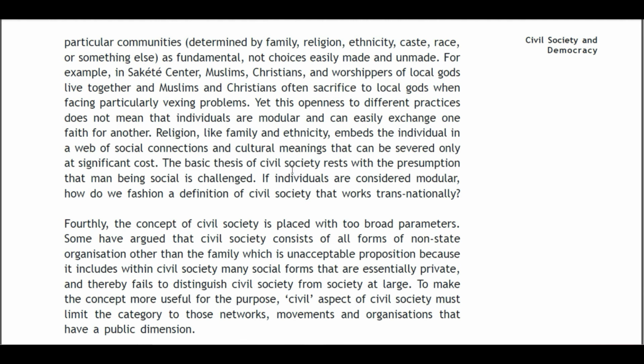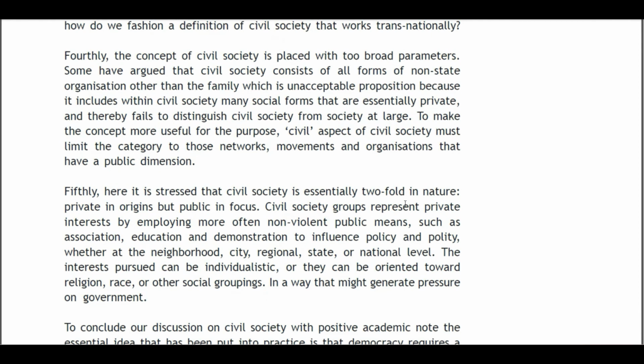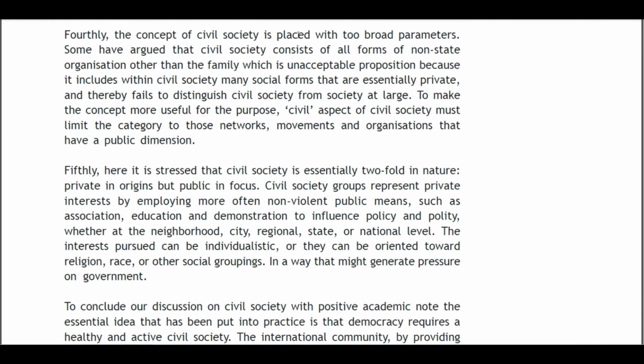The basic thesis of civil society rests on the presumption of the modular individual, and that presumption is challenged. If individuals are not modular, how do we fashion a definition of civil society that works transnationally? The concept of civil society is placed within two broad parameters.